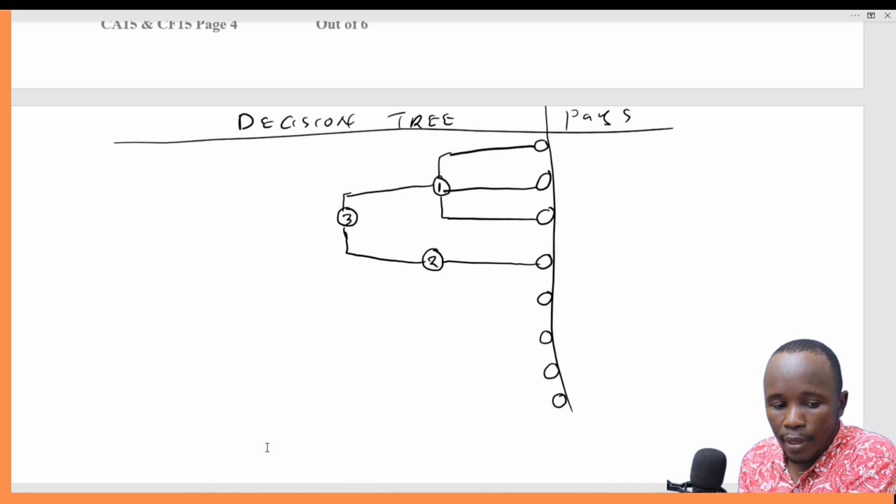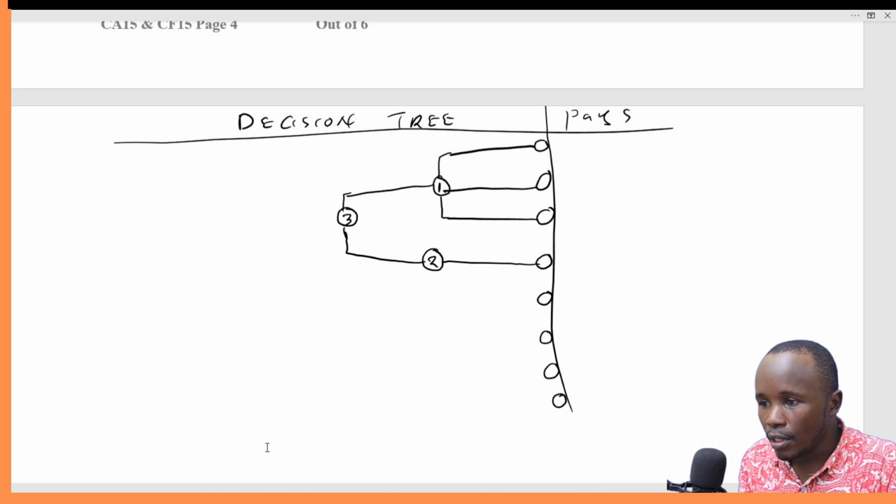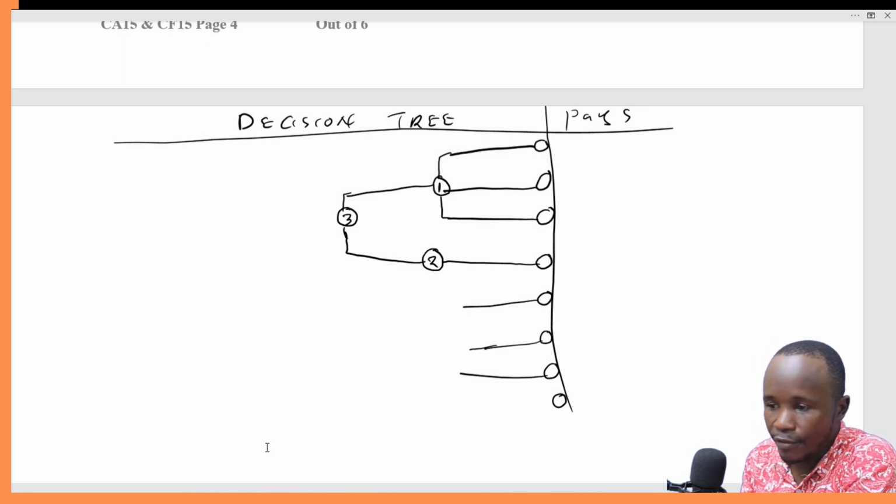Now, there is an option of not testing. Look at this one, it is for failing and passing. It means that if you don't test the market, you'll still have 3 outcomes. I can call this one 4.